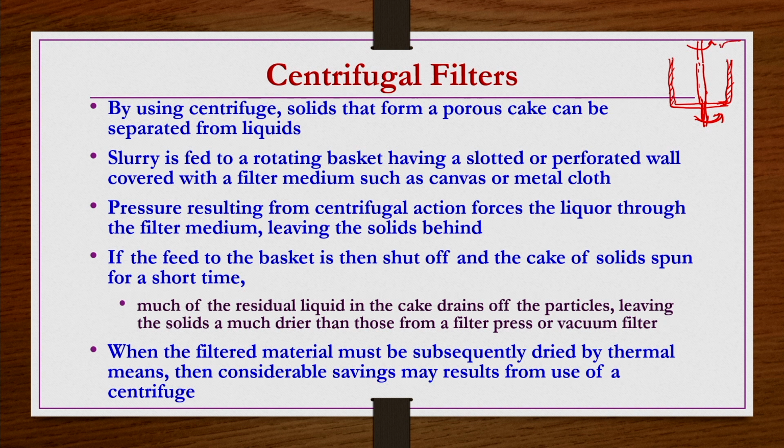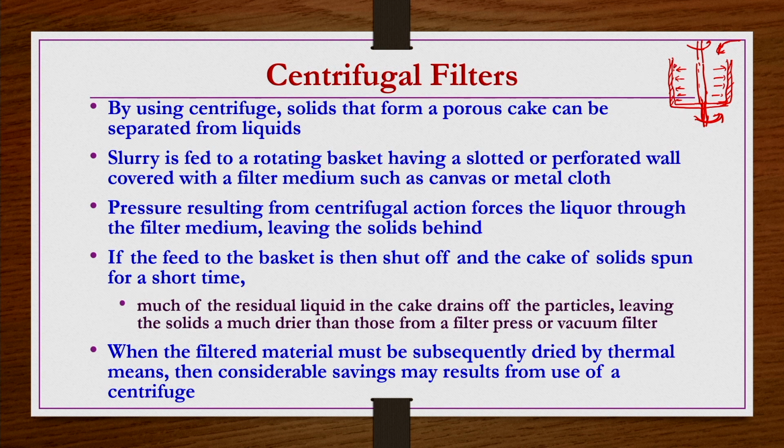So, when this solid slurry, or the feed slurry, comes here, it is being pushed towards the wall of this bowl because of the centrifugal action, because it is rotating at high speeds, right. Now, the basket walls, which are perforated, are also covered with a kind of filter medium.